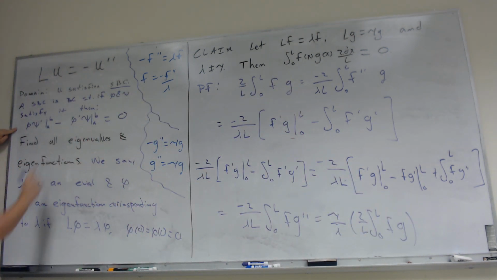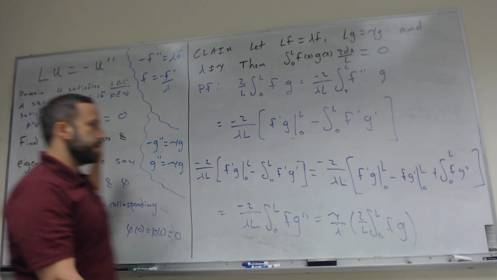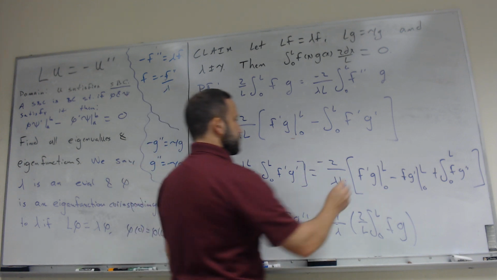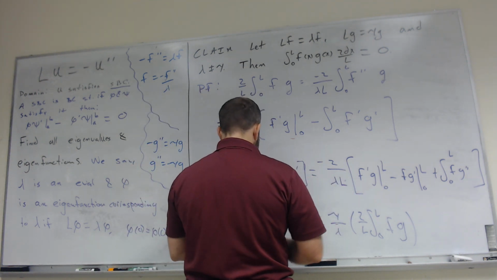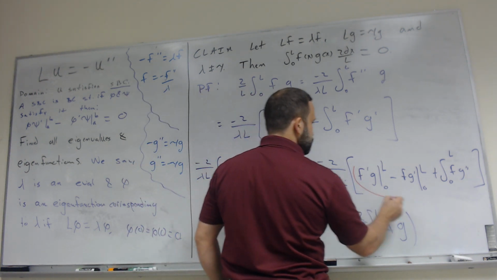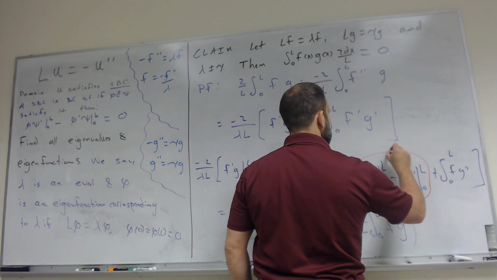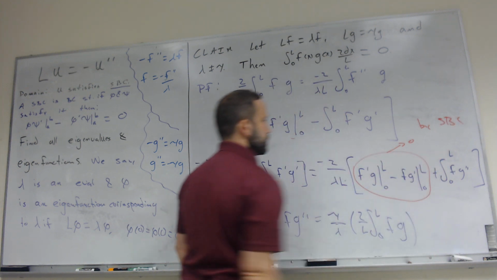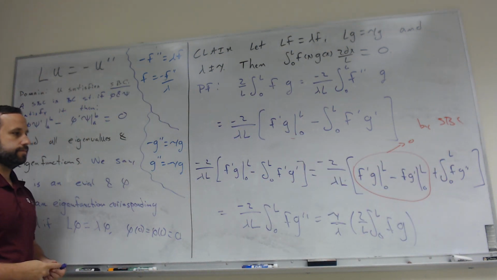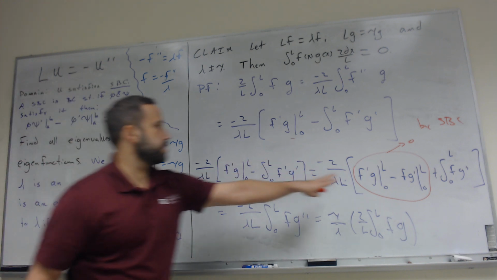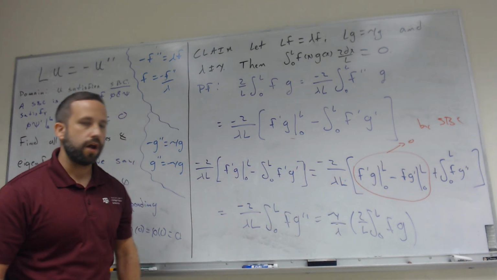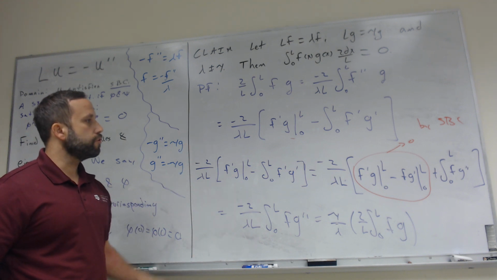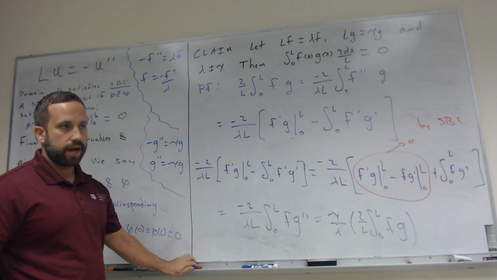Okay, so it's the same thing, except over here I'm using Greek letters, and over here I'm using F and G. Okay, so by the symmetric boundary conditions then, it's not that each boundary term individually is 0, but this is equal to 0 by the symmetric boundary conditions. Okay, so that's equal to 0, and now this line is equal to this line, and all of the other reasoning follows. Okay, so there's just this point in the middle of the proof where we have to use these more generic boundary conditions.